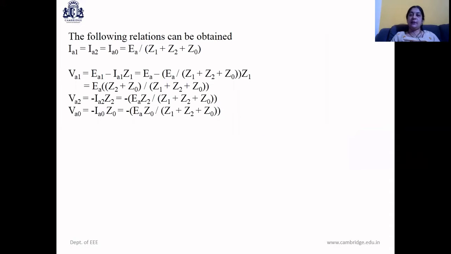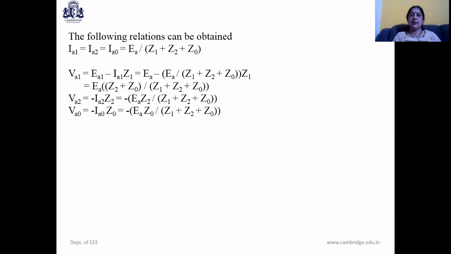The voltage VA1, that is the positive sequence network voltage, is equal to EA1 minus IA1 Z1. EA1 is the only source of voltage, so that is equal to EA minus EA by Z1 plus Z2 plus Z0, substituting for IA1, into Z1.